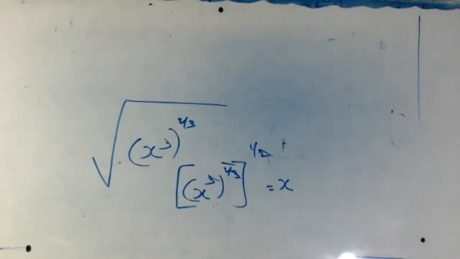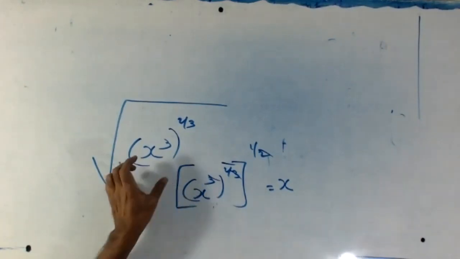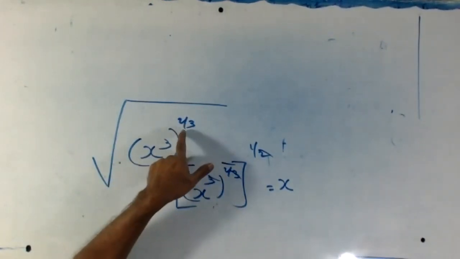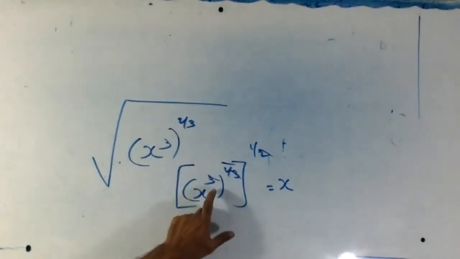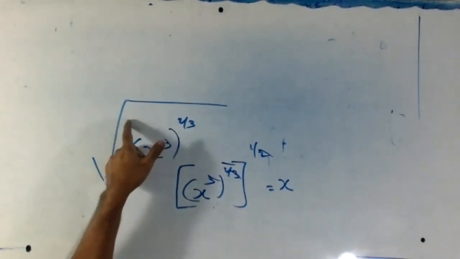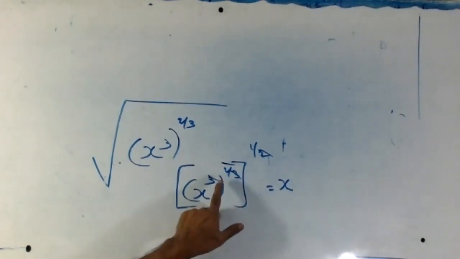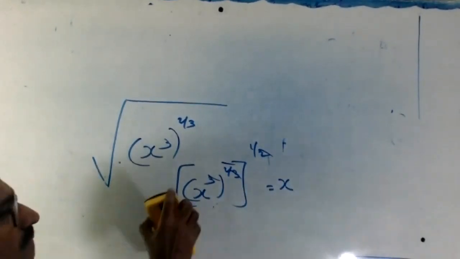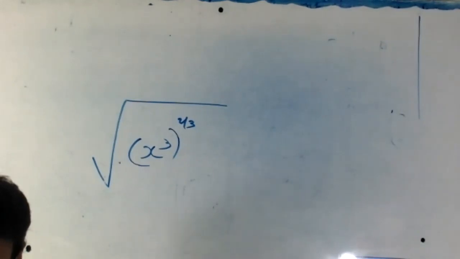Explain again, Dhruv. See, x cube whole raised to 2 by 3. It's the same thing, I placed the root sign as raised to 1 by 2. Or I'll show you another way.